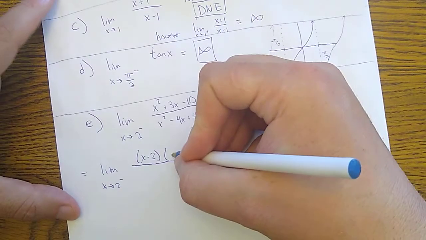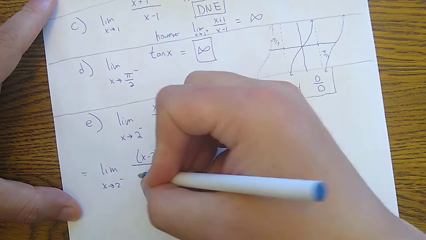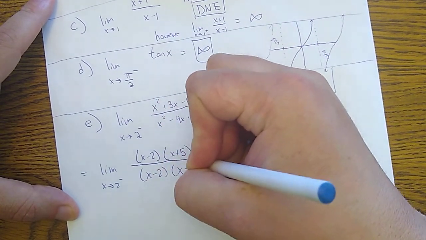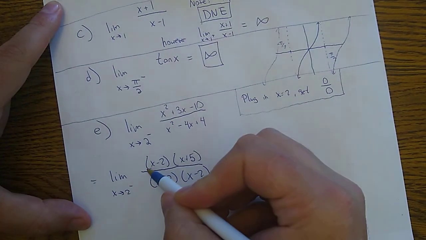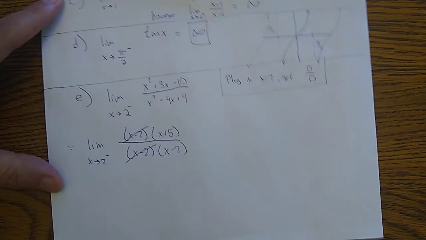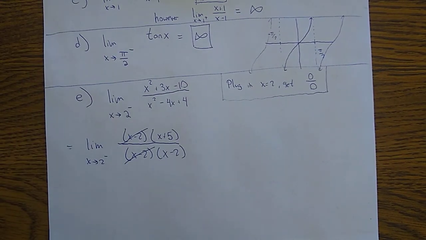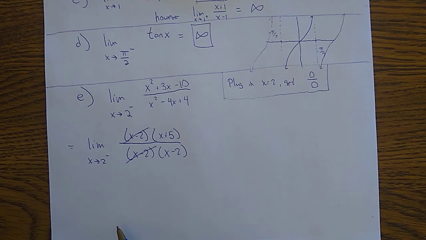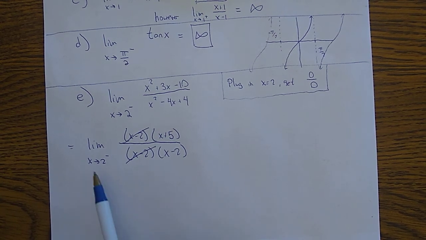So this looks like x minus 2, x plus 5. And the bottom looks like x minus 2, x minus 2. So I cancel. But look, even though I canceled an x minus 2 from the bottom, I still have an x minus 2 in the bottom. And so I still can't plug in x equals 2.